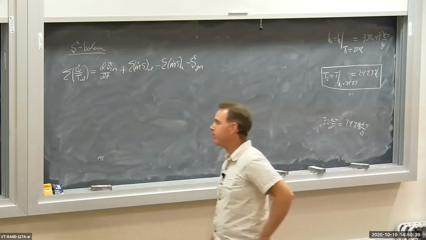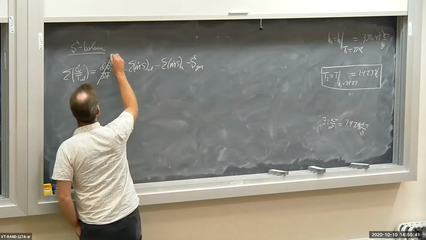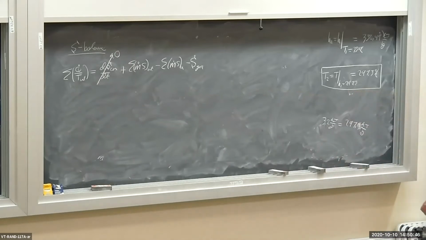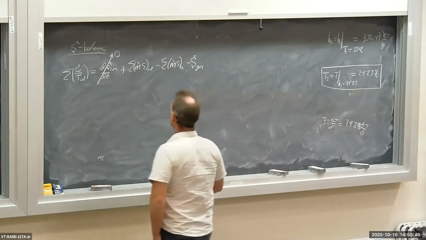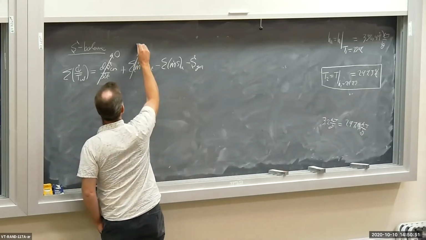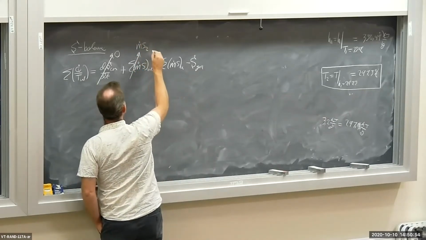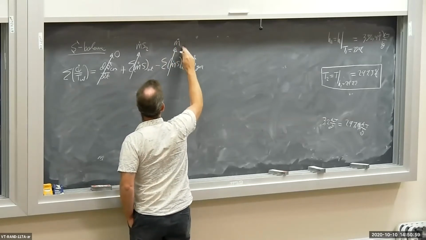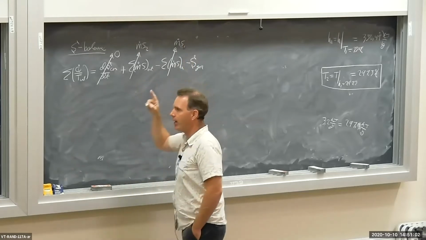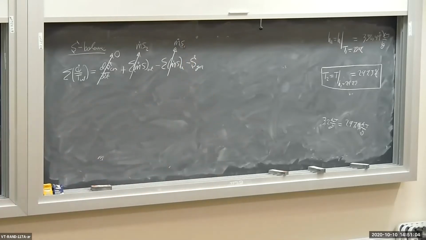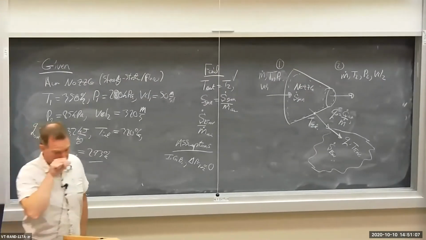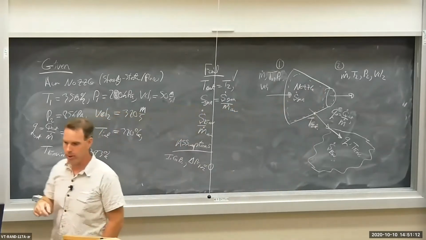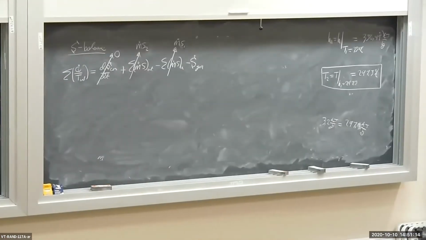Now this is a steady state problem, so immediately I can get rid of this. Steady state, so that's gone. I have a single inlet, single outlet device, so this is m dot S2 and this is m dot S1. The inlet is at location 1 and the outlet is at location 2. So my mass flow terms reduce to one of each.